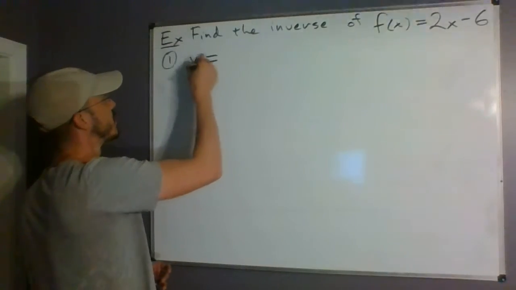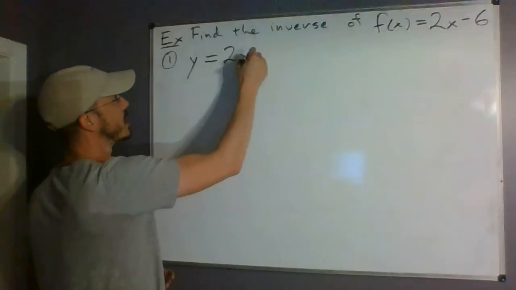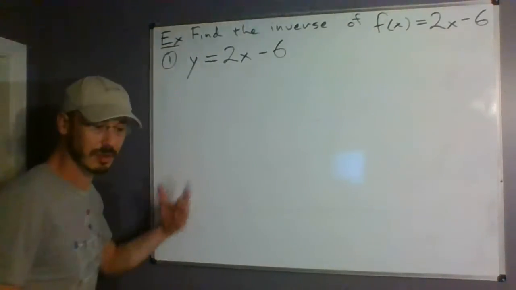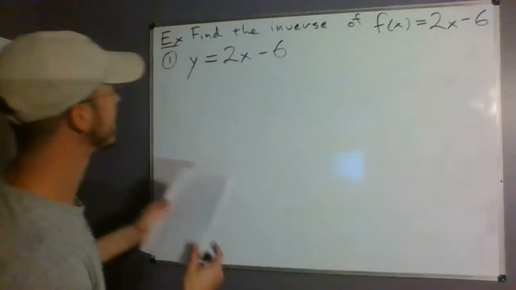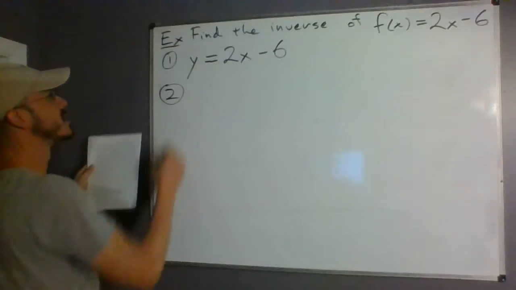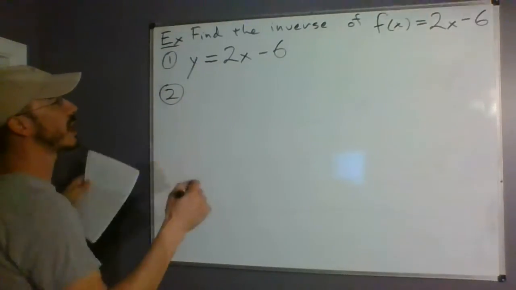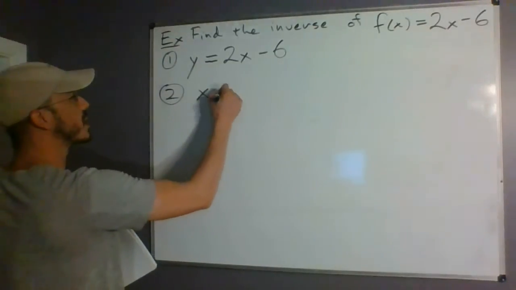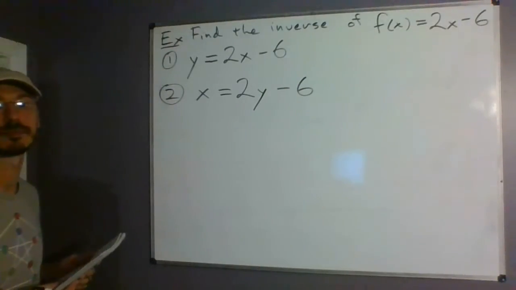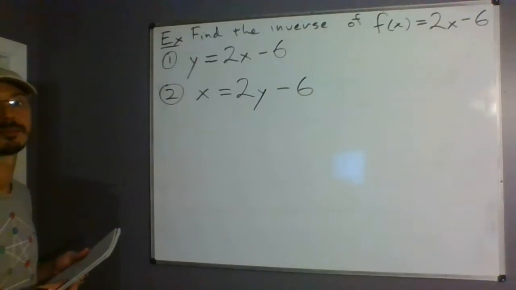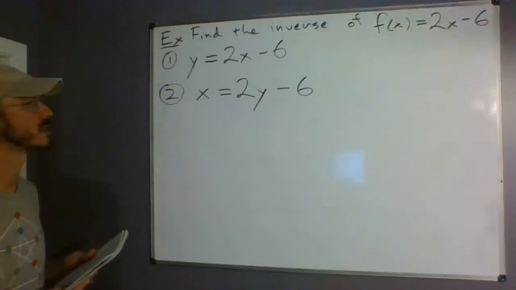All I mean is to write it as y equals 2x minus 6. I'm writing the formula down with a variable instead of a big old compound symbol. Second, I'm going to interchange the x and y variables to get x equals 2y minus 6. Not really math, I'm just swapping.